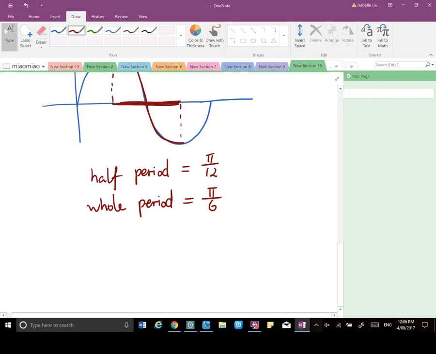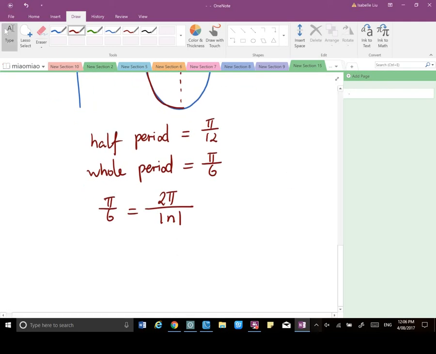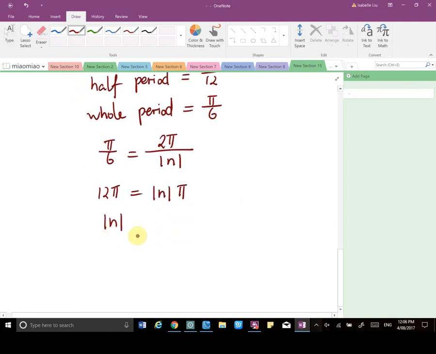So what you know here is period equals 2 pi divided by the absolute value of n. Remember that's an absolute sign as well. So cross multiplying, 12 pi equals n pi, and absolute n equals 12.